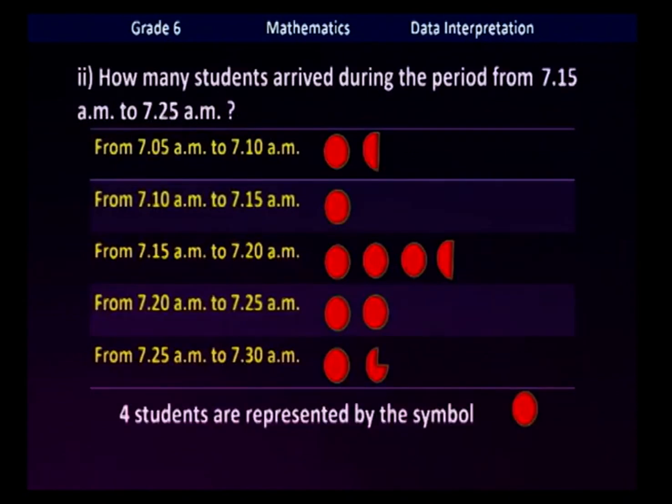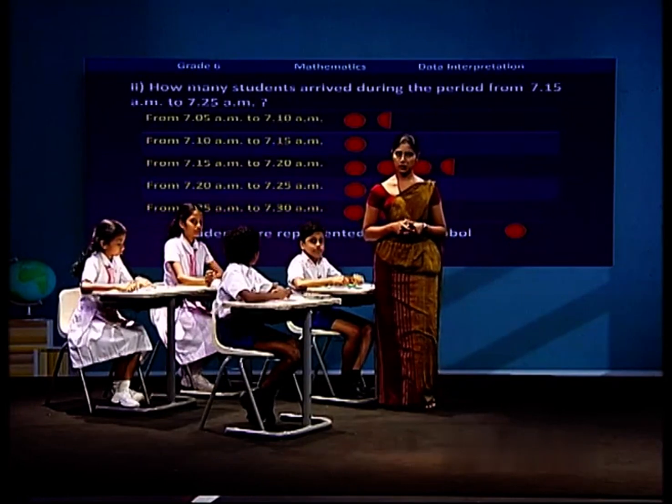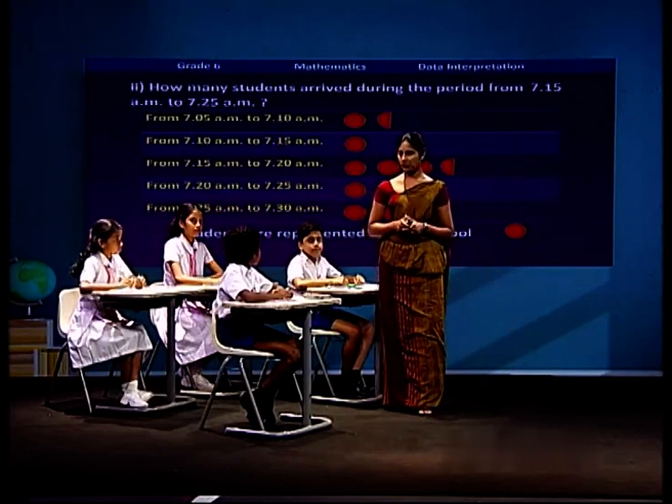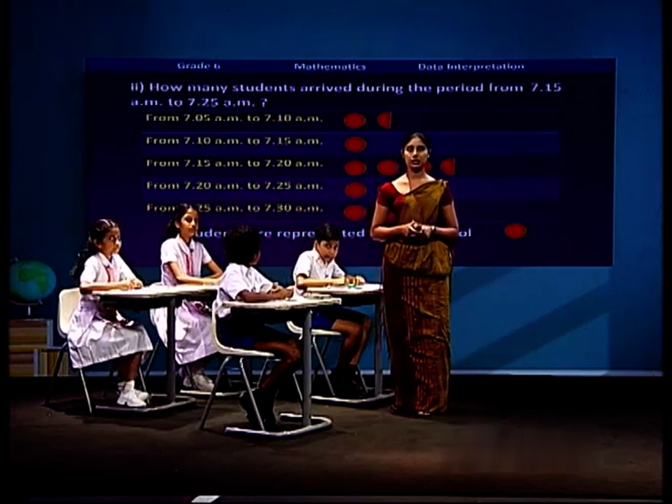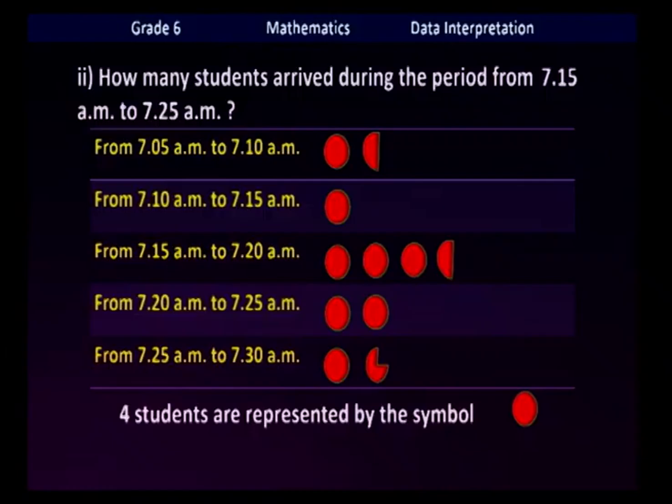How many students arrived during the period from 7:15 to 7:25? First of all, we have to add 7:15 to 7:20 and 7:20 to 7:25. There are 2 rows we have to consider. Tell me, 7:15 to 7:20, how many symbols are there?